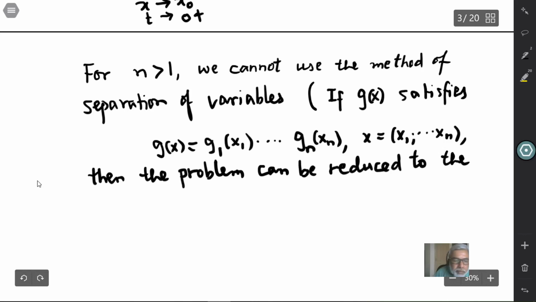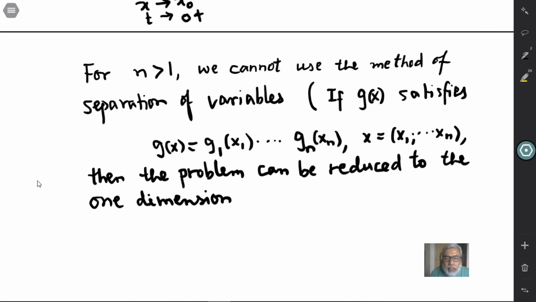One dimensional, yes. But this is very specific, so we cannot use this for a general initial function.